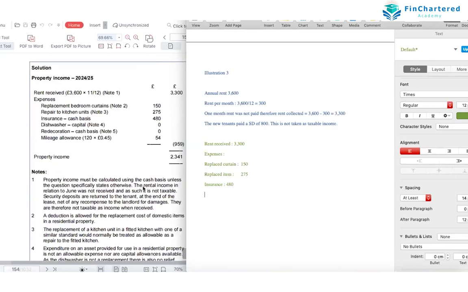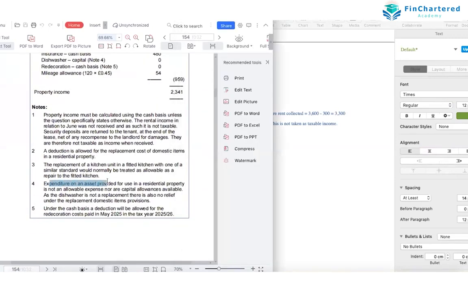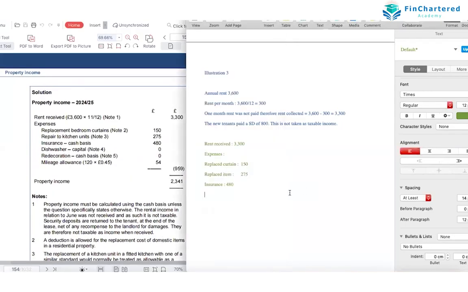Expenditure on an asset provided for use in a residential property is not an allowable expense, nor are capital allowances available. So the dishwasher is not a replacement, and there is also no relief under the replacement domestic items provisions. So there will be no deduction for the dishwasher.